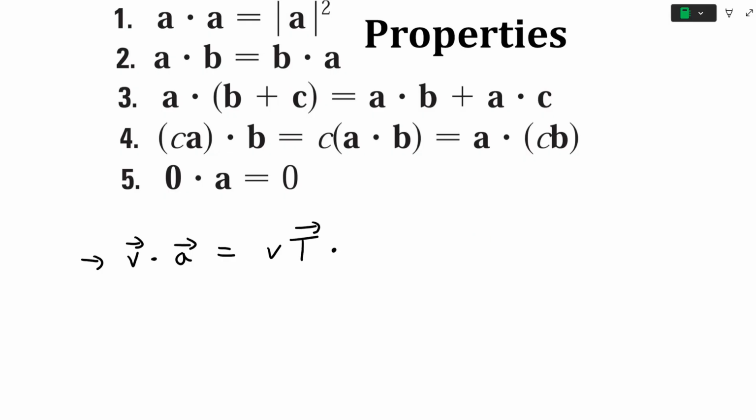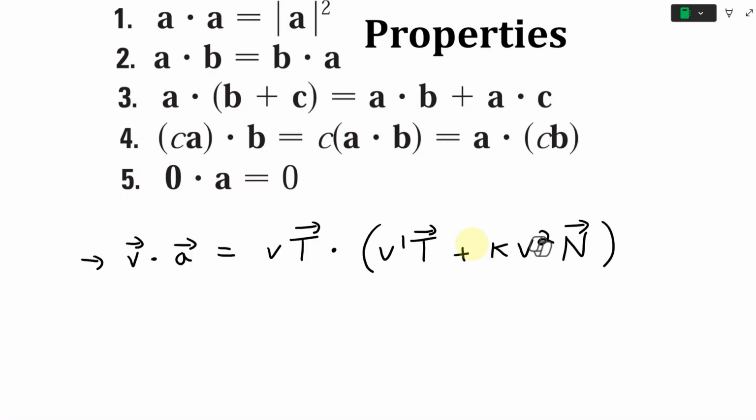The dot product with a is going to be the speed derivative times the unit tangent vector, plus our curvature times v squared, and then a normal vector at the end like that.